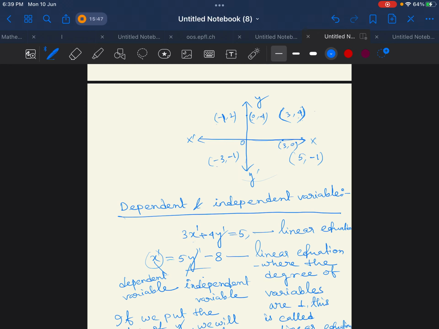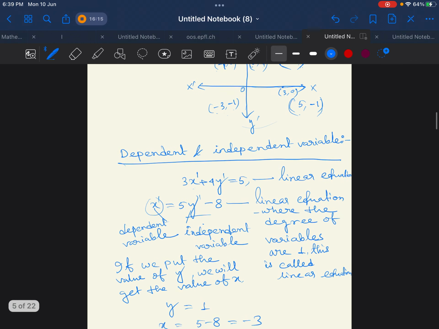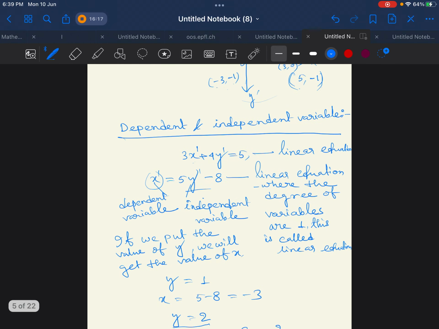So (-3, -1) is in the third quadrant. For all points here we get the value of x negative and the value of y negative, and in the fourth quadrant we will see the value of x positive and the value of y negative.